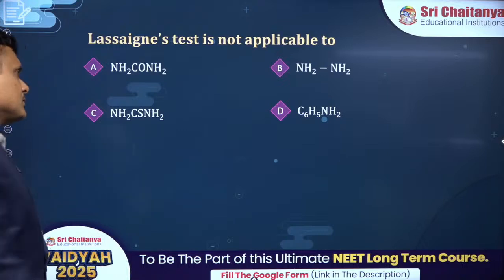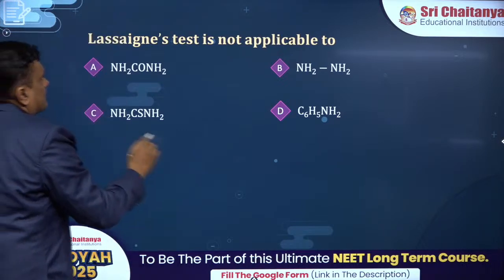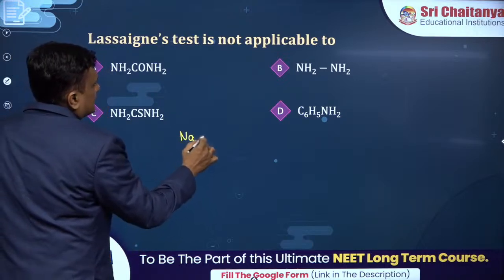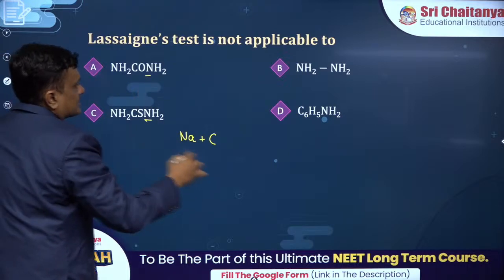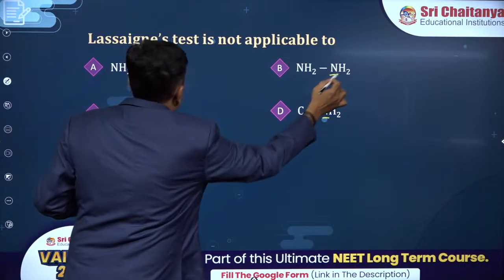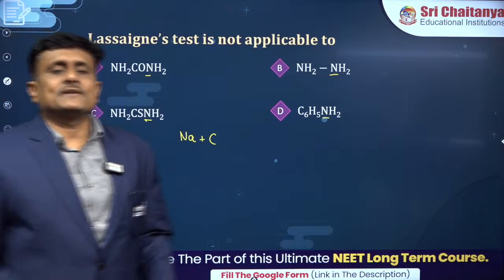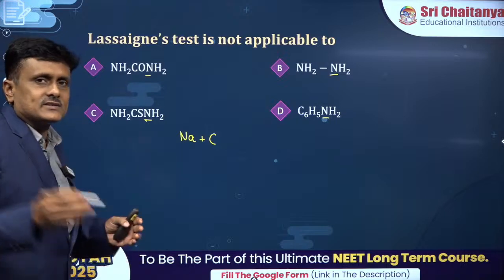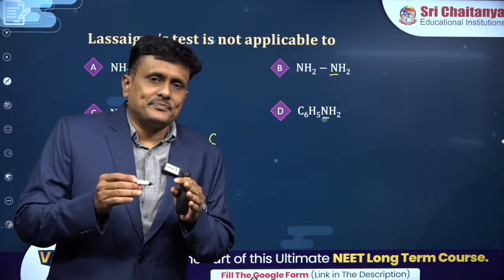Lassaigne test. You have studied the Lassaigne test, isn't it? In the Lassaigne test, the detection of extra elements takes place, because you can see in all the examples they have given you the nitrogen atom. So if I consider this as the analysis for nitrogen, what would happen when you heat your organic compound with freshly cut sodium?